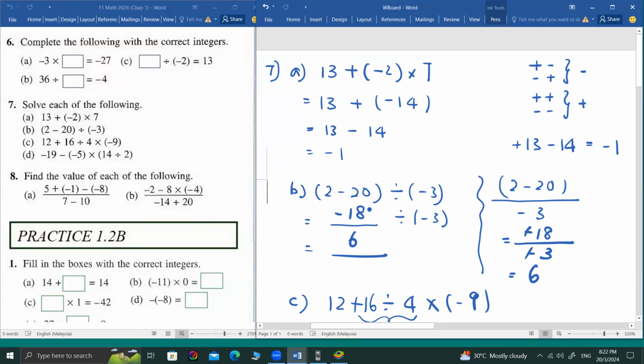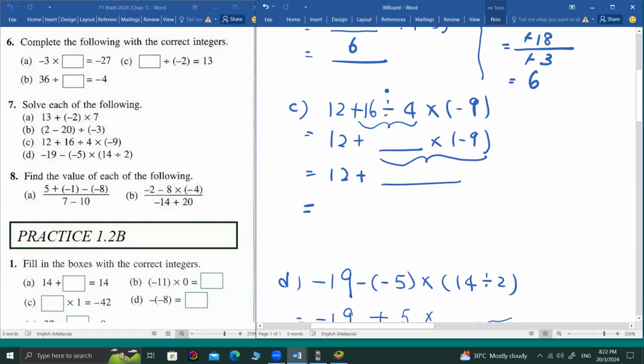Next, we look at C. Now see, 16 divide 4, we get 4, right? And now you see multiply. Just now I mentioned divide or multiply. If negative came out twice, only you got positive. But now negative came out once only, right? So 4 times negative 9, you get negative 36.